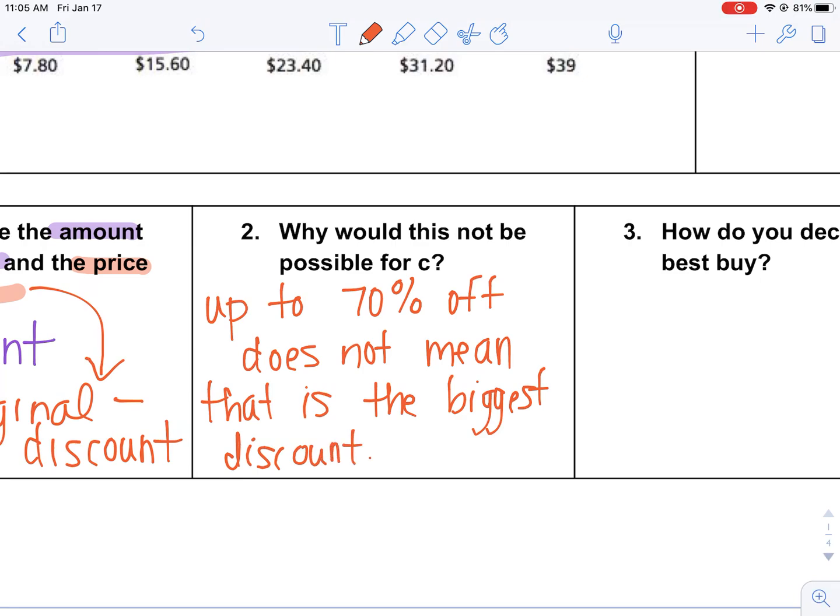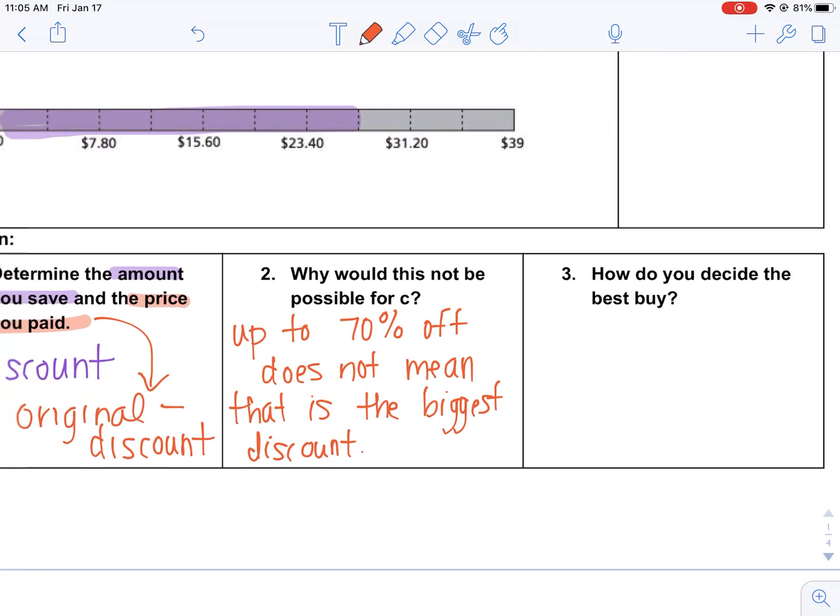So to explain further in words, you might only get 50% off. Maybe you have to spend a certain amount to get the 70% off, and then you have to buy more shoes, and then you're not saving more money at store C.